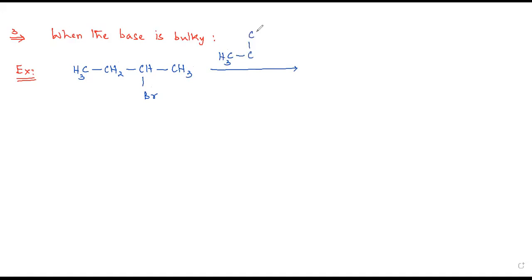Sodium tertiary butoxide, a bulky base, a sterically hindered base. Now this base can abstract this hydrogen readily. I mean, this beta hydrogen can be abstracted readily rather than this beta hydrogen. This is possibility one. This is the second possibility. See, the base can easily abstract a less hindered one rather than the more hindered one.